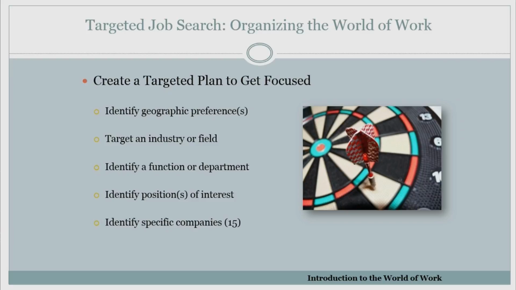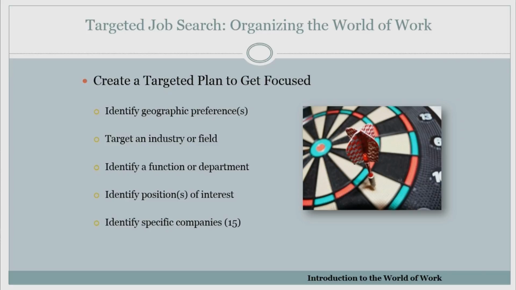And this relates more closely when you're actually trying to find an internship or part-time job or a full-time position. You identify first the geographic preference. What geographic area are you considering working in, whether it's Northern California or Sacramento only, or the Bay Area, or what is your target?